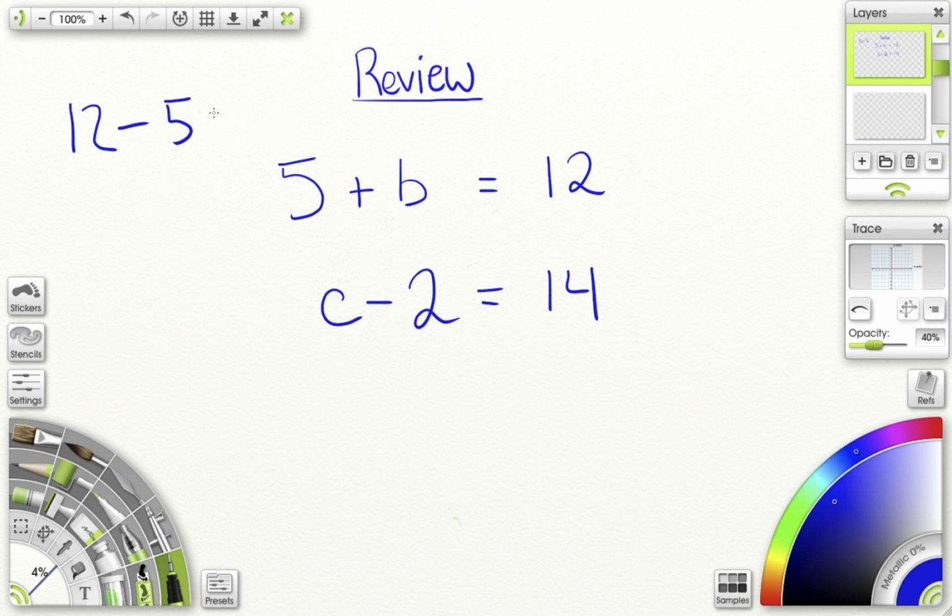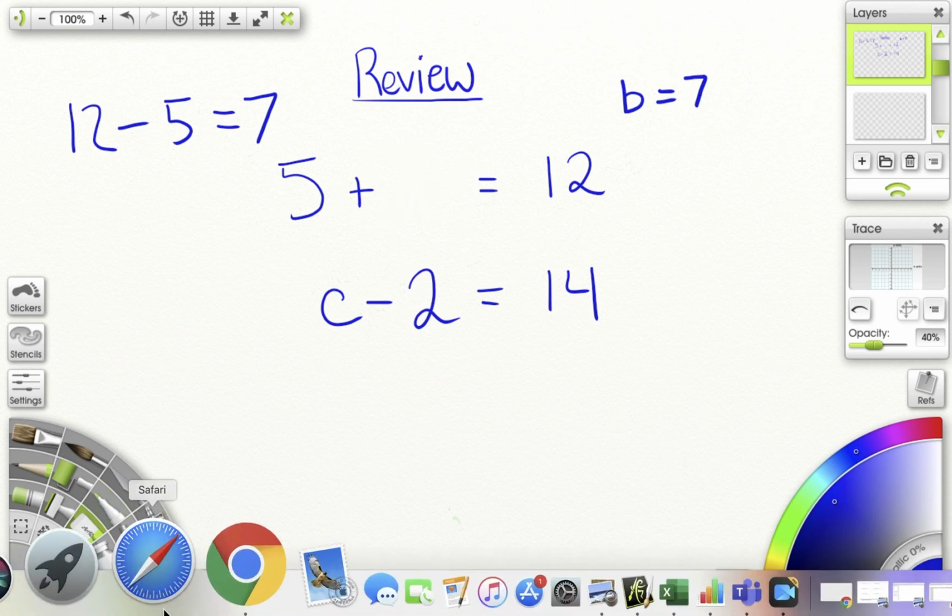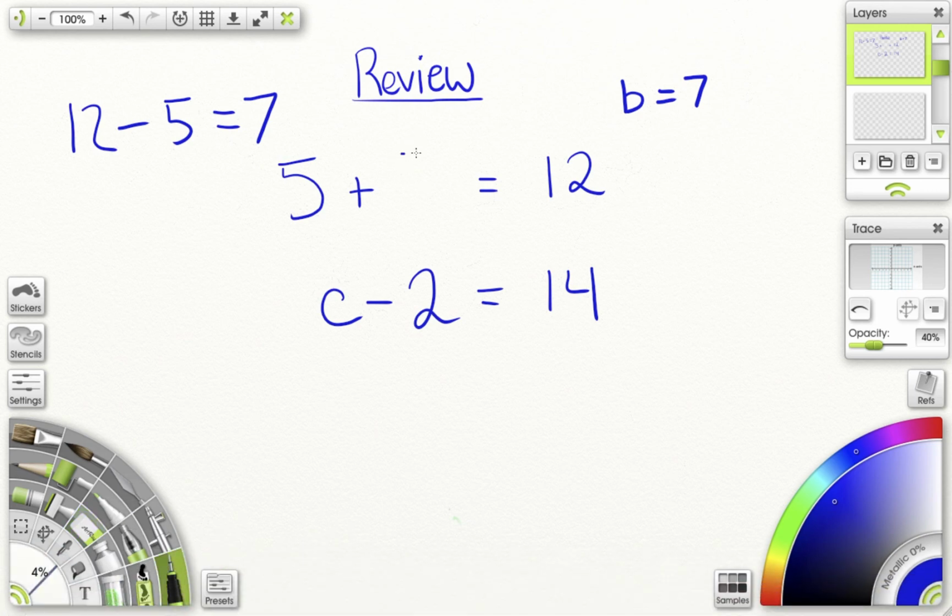So 12 minus 5 gives me 7. So that means b is equal to 7. Because if I plug it into my problem, 5 plus 7, so if I get rid of this b and add a 7 in there, does it equal 12? Yes. And that's how I know I got it correct.